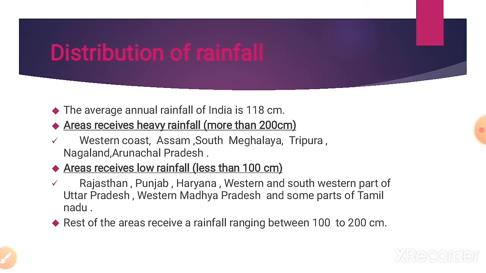Areas which receive low rainfall, that is less than 100 centimeter, are Rajasthan, Punjab, Haryana, western and southwestern part of Uttar Pradesh, western Madhya Pradesh and some parts of Tamil Nadu. The rest of the areas receive a rainfall ranging between 100 to 200 centimeter.